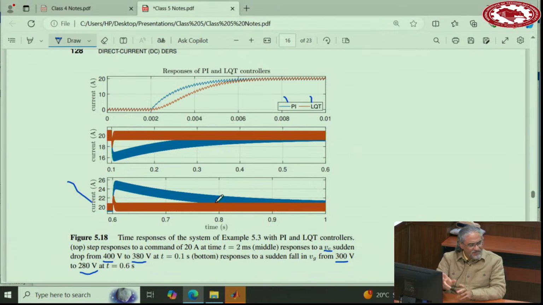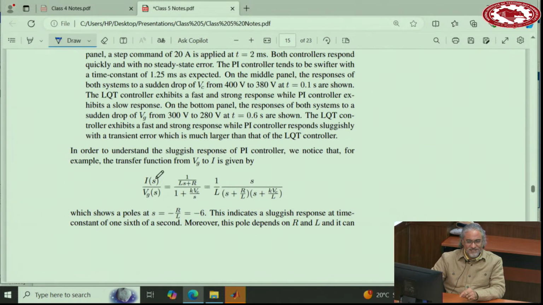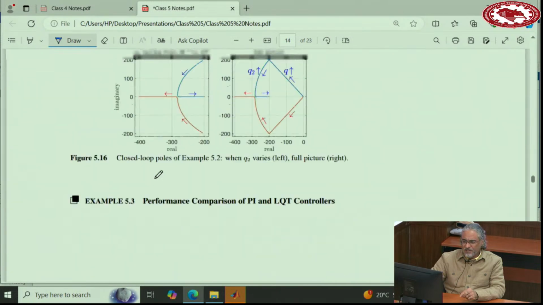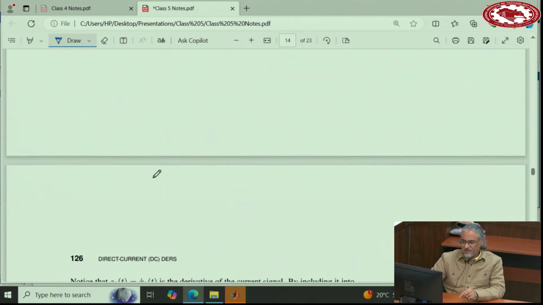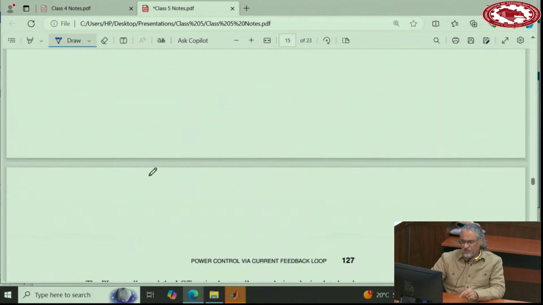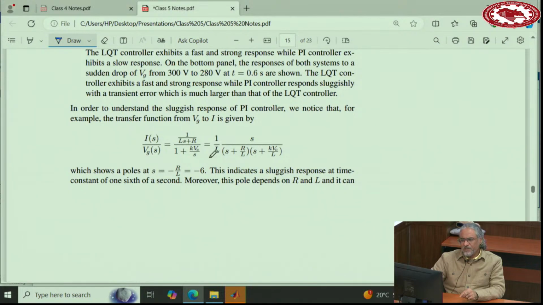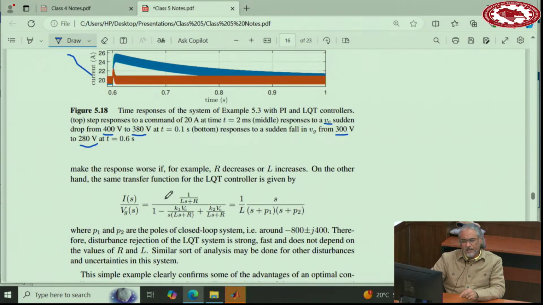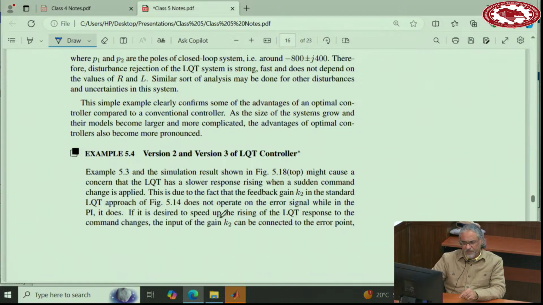I have given an explanation of why this happens, in case you want to know. I'm not going to explain it in the class, but the explanation is there. Go ahead and read this couple of pages here. It's not long. It's basically this page here. So go and read why this happens, this one and this one.